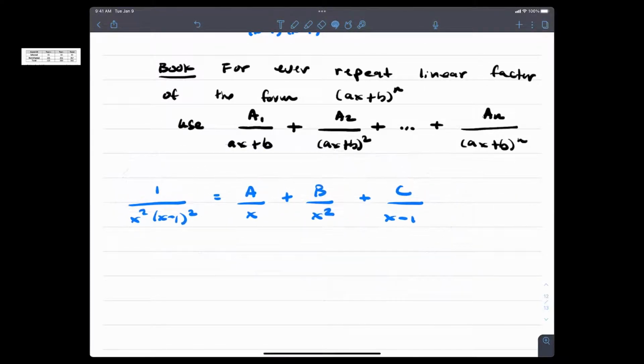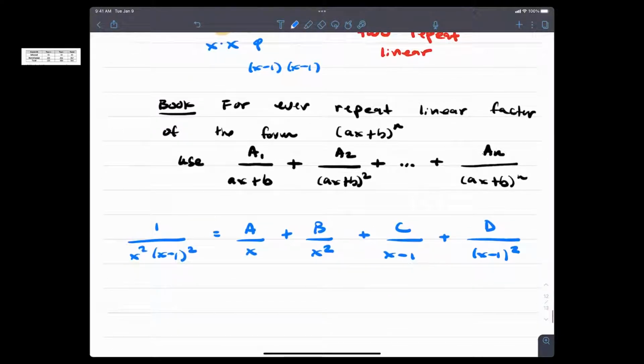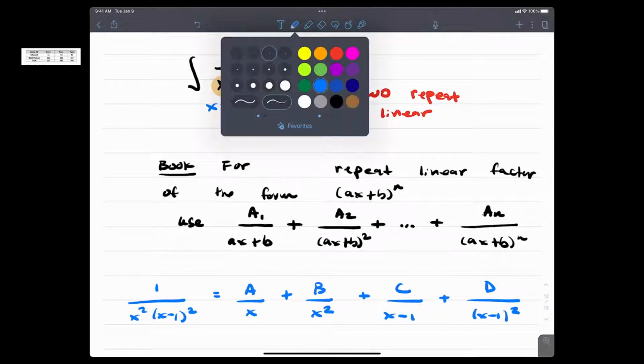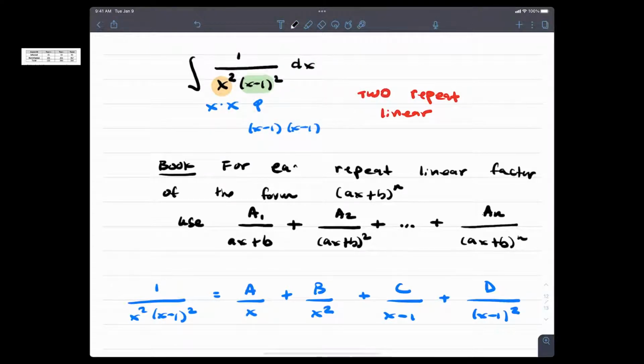And you increase the powers there too, right? So you're going to have to add that d now over the x minus 1 to the second power. So all this really means is increase your power to the number of times it is repeated. And you do that for each. I know I put for every, put for each. Okay? That's how you begin to set this up.